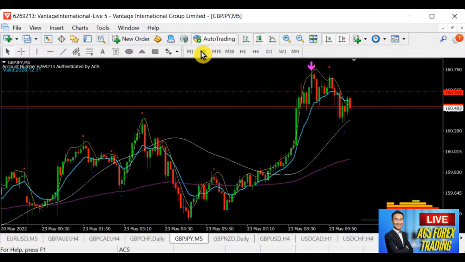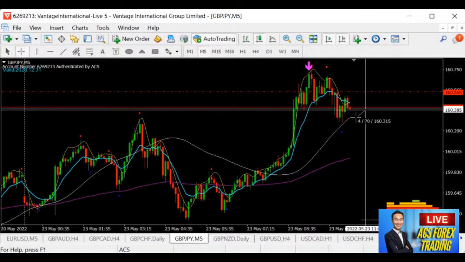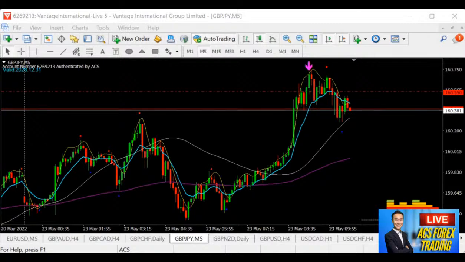As you can see on this M5, I'm still above the white line, and the space is very small, only about 7 pips, so not really that ideal yet. So tentatively, I'm going to stay aside, watch it and make sure everything is fine.